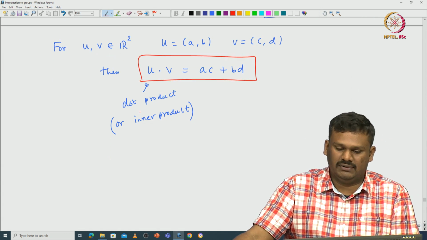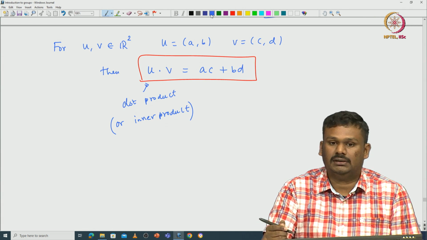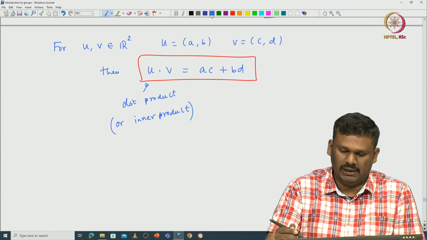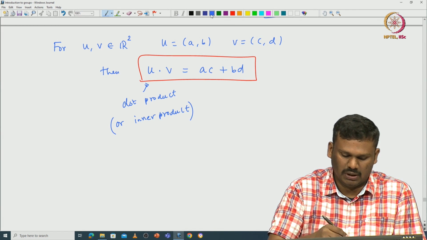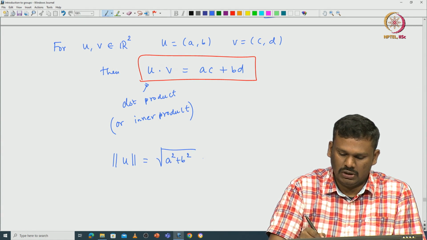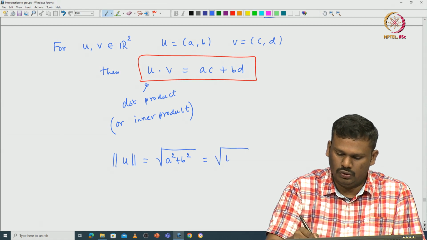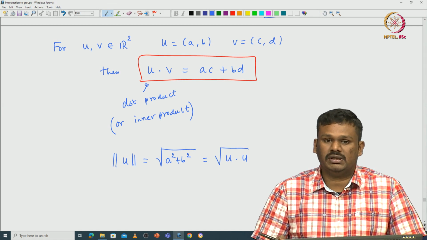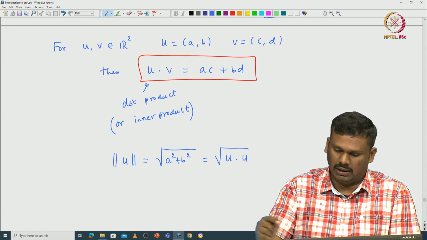Once we have this dot product, we can immediately define a distance between two points using the norm that comes from the dot product. What is the norm? The norm of any vector u is defined to be the square root of a square plus b square, which is nothing but the square root of u dot u. Using the inner product, you define this norm for any u in R2.